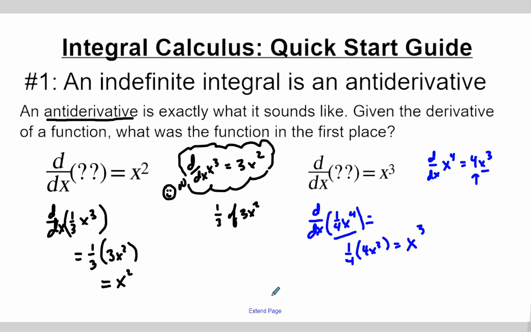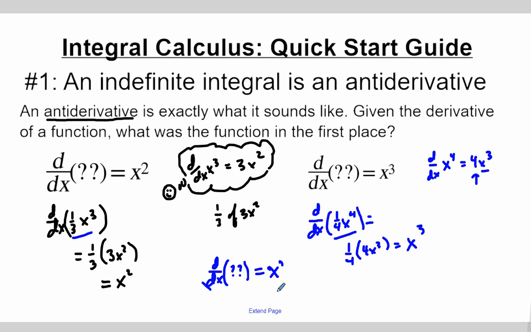So 1/3 x cubed and 1/4 x to the fourth are the antiderivatives, respectively, of x squared and x cubed. What could we say in general? Well, it seems like there's definitely a pattern right here. And the pattern's pretty obvious if you think about it. If I take the derivative of some function and I end up with x to the nth power, how do I do that?